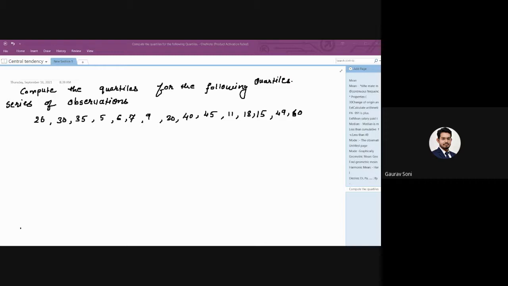No one? If you understand quartiles, then it should be very easy to give the three quartiles, Q1, Q2, and Q3.